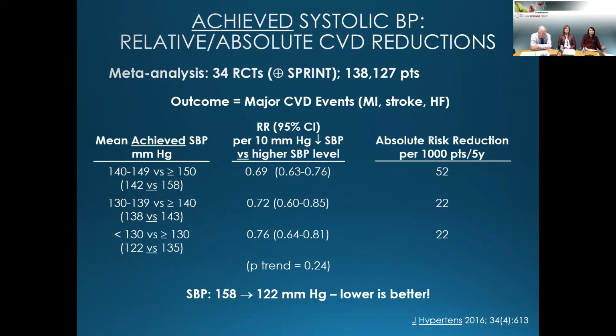Whether those achieved blood pressures were 140 to 149 compared to above 150, 130 to 139 compared to above 140, or less than 130 compared to above 130. Cardiovascular events continue to be reduced down to a systolic blood pressure of 122 millimeters of mercury, and there are substantial absolute risk reductions in cardiovascular events. It does appear that lower is better.